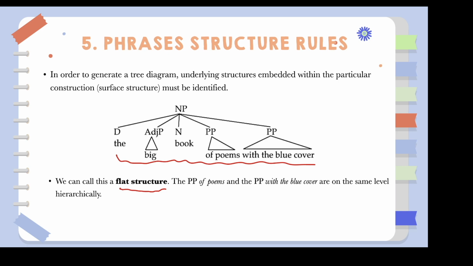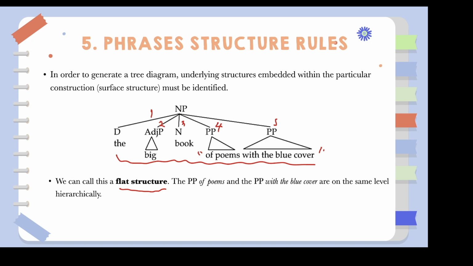So we divide it into 5 branches. The first one, determiner. The second one, adjective, big, and noun, book, and a prepositional phrase, and another prepositional phrase. So this is what we call flat structure, a basic tree diagram, a tree-like chart. However, you will see that of poems and with the blue covers are at the same level, the same hierarchical order. What's the problem here?